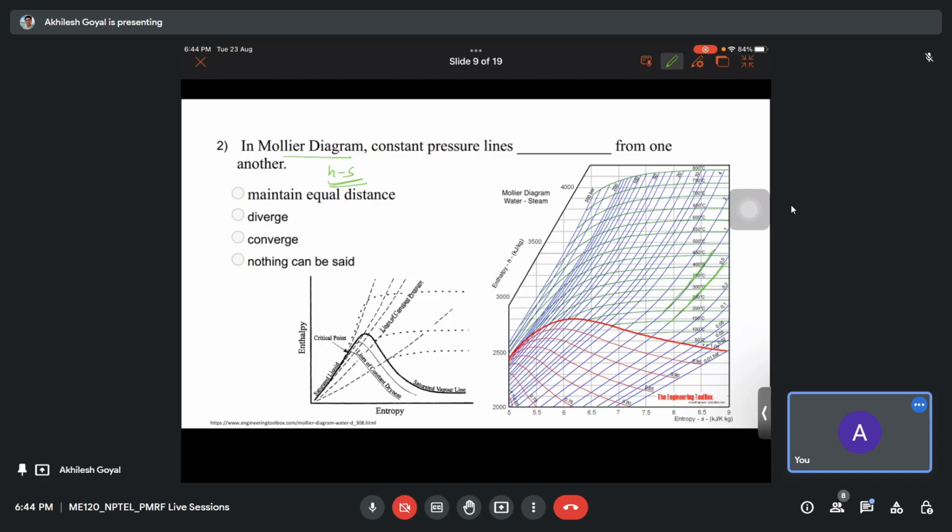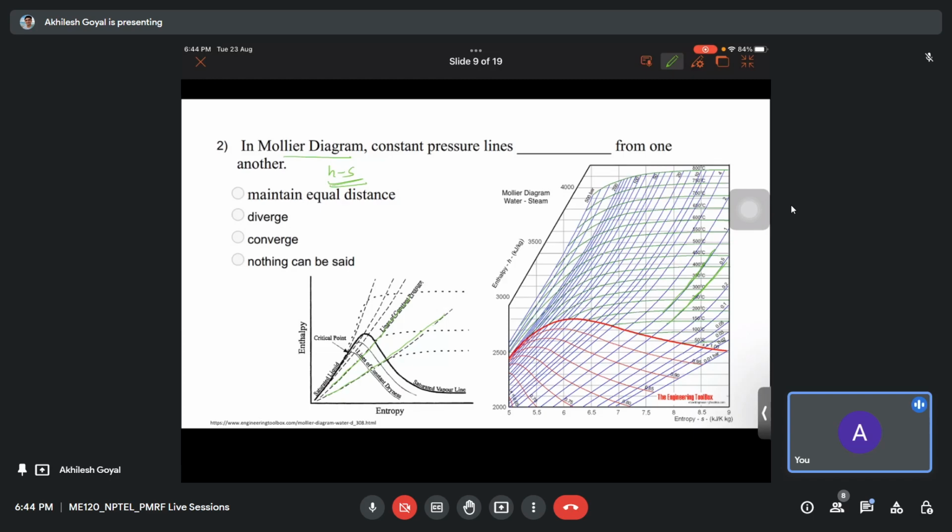And why do they diverge? Because as the pressure increases, the saturation steam temperature also increases. That is the reason behind the divergence of these constant pressure lines in the Mollier diagram.